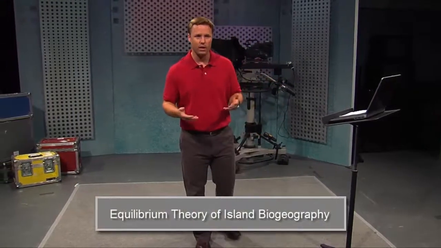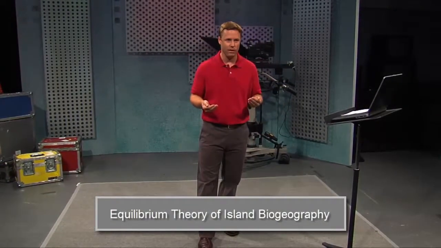So what other factors might contribute to species richness, or the number of species we might find in an area like an island? I'm sure you could think of many, right? There are lots of different things, but the basic framework for understanding that relationship is the equilibrium theory of island biogeography.